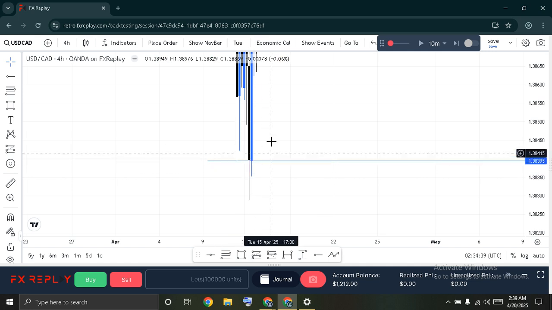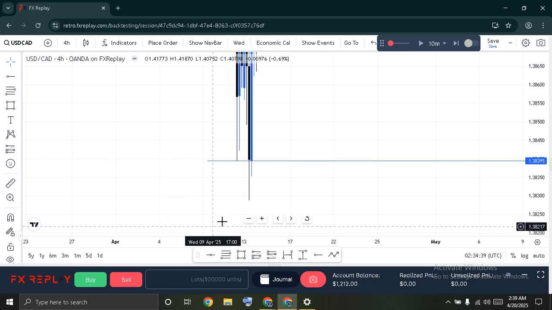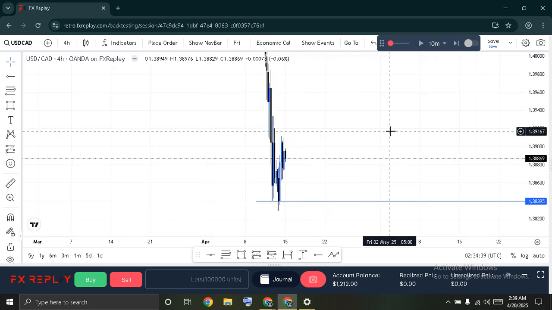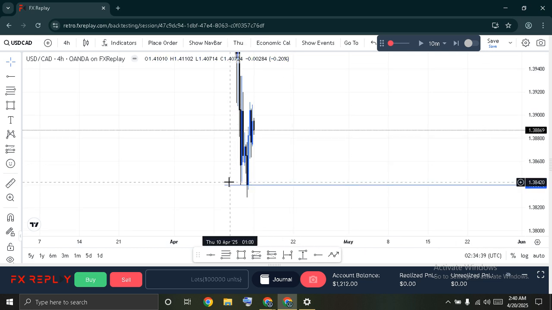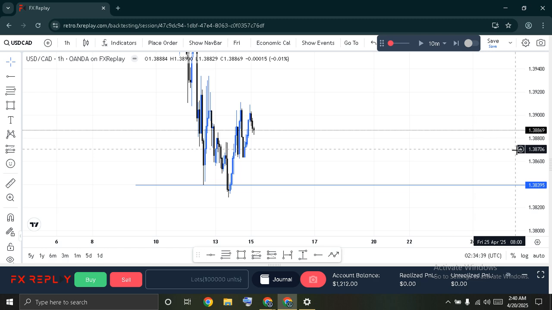This is telling me that there are a ton of sellers at this particular point, maybe it's reacting off something. I'll probably check it out, but that's for another class. So price probably reacted off something, pushed, closed, and doesn't break this low, failing to actually break it, and so I go to a lower time frame.